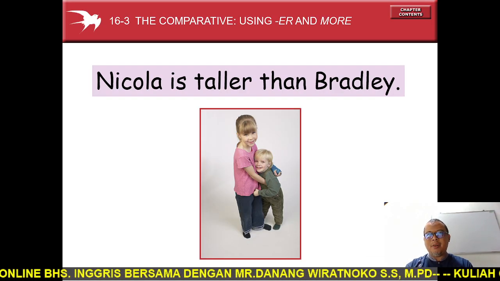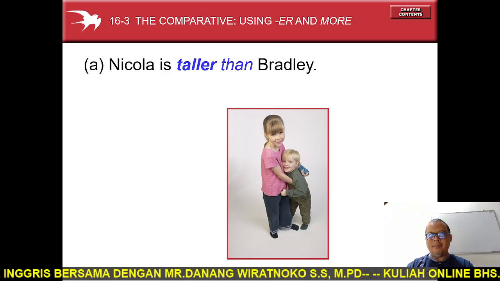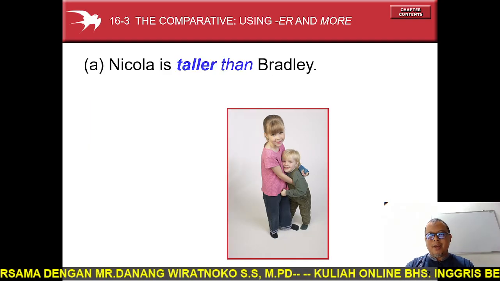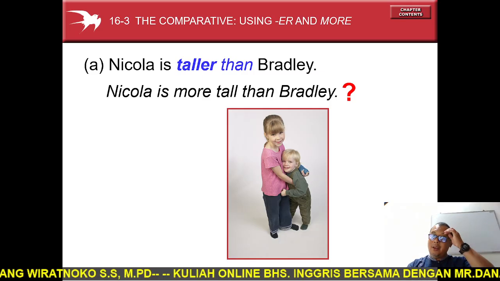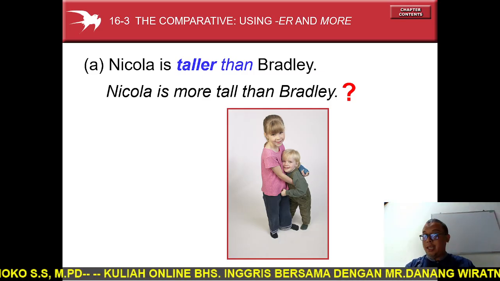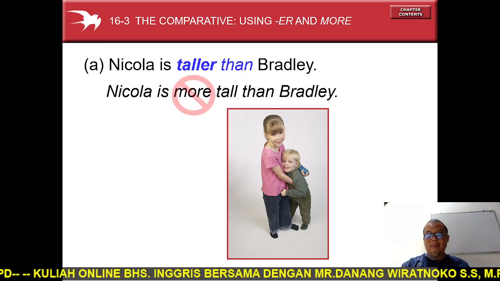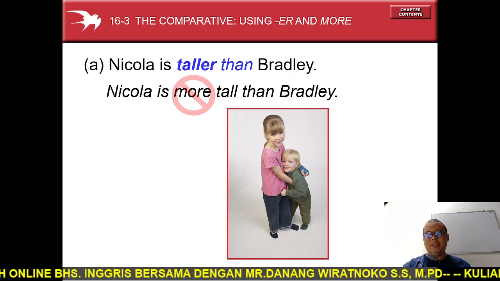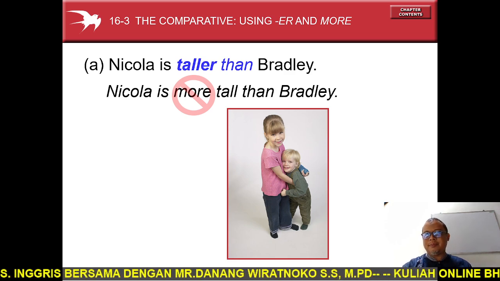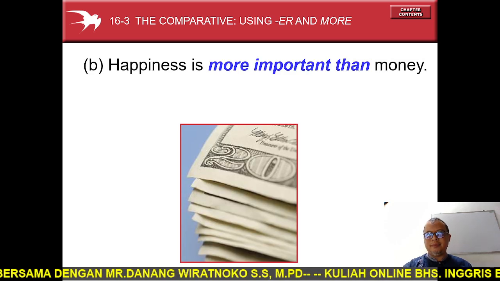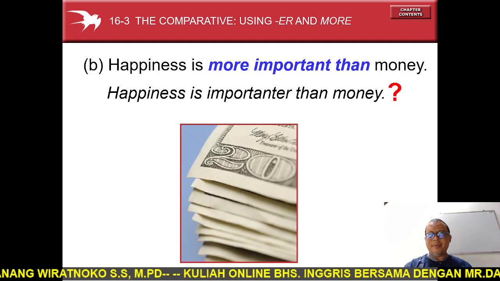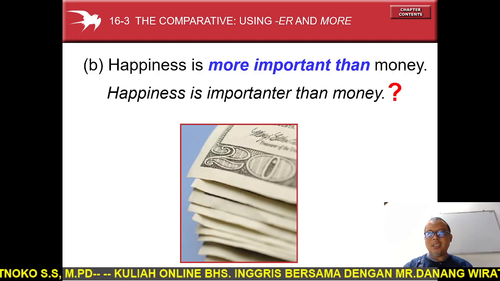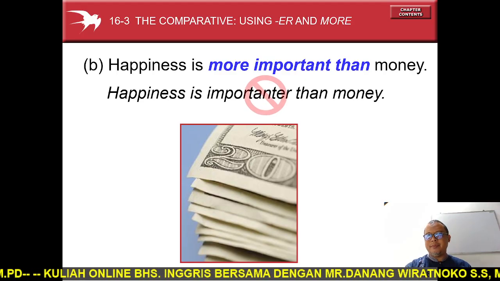Okay, Nicola is smaller than Bradley. Okay, Nicola is taller than Bradley. Nicola is more taller than Bradley. No, we don't say more. We say taller. Happiness is more important than money. Happiness is importanter than money.